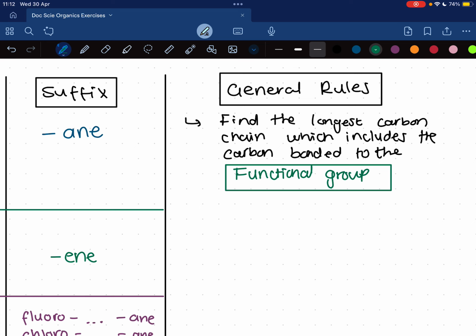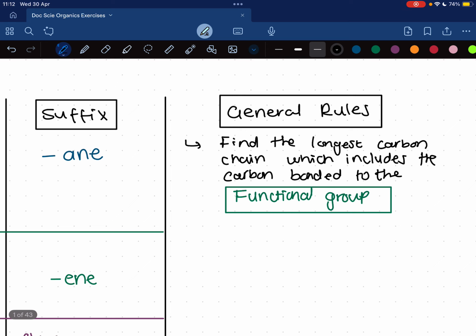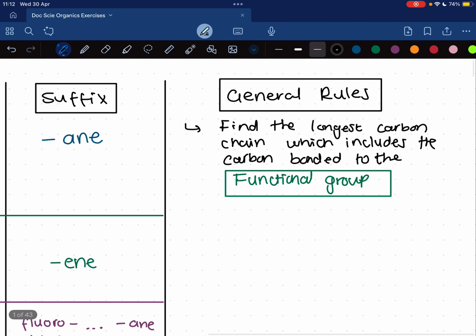You must find the longest carbon chain, and it must include the functional group. Obviously I'm not going to write it here, but there are the number of carbons associated to the root name, like 1 is for meth, 2 is eth, 3 is prop, but, pent, hex, hept, and oct. That's something you will have to go over.